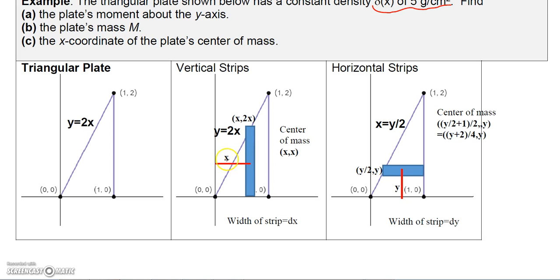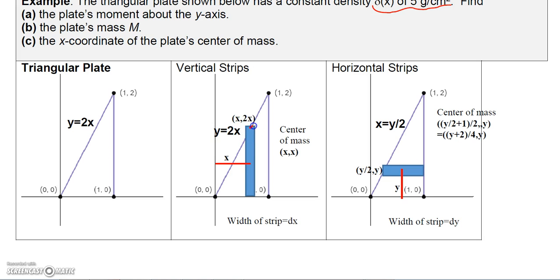This distance from the y-axis, I'm going to call x. Then I have to find half the y value, and notice the point where the strip touches the line y equals 2x has x value x, and the y value would simply be 2x.